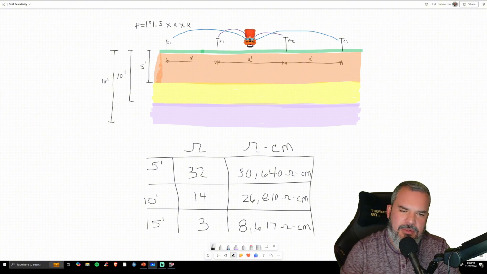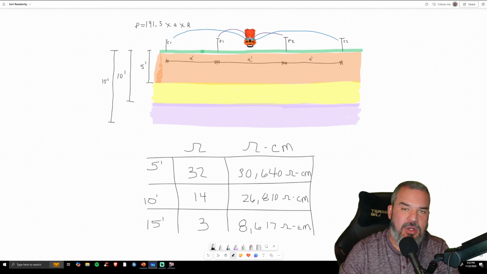And this is a little more advanced. I don't want to confuse you, but because we're looking at the whole depth, 5 plus the 10 plus the 15 together, really down here at this layer, this purple layer, I bet it's lower than 8,600 ohm centimeter.